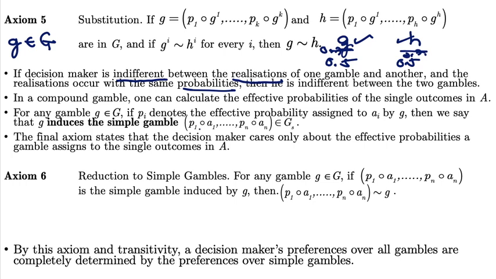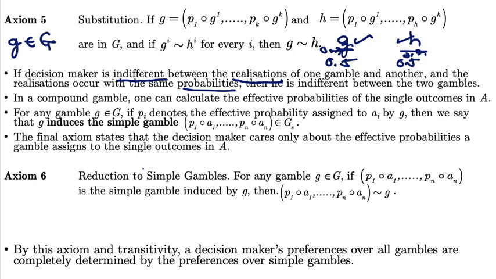Of probability of outcome 1, composite of outcome 1, until probability of outcome N, composite of outcome N, which is an element of GS. Let's look at the final axiom so that from here we can see how it is boiled down from very general gambles to simple gambles.